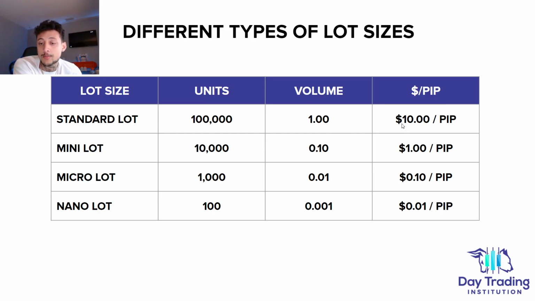If the market moves up 100 pips, I just made $10,000. There's 0.01 lots all the way up to 1,000 lots, 2,000 lots. It depends how much money you have in your account. You can do 500 lots, 600 lots, where you're risking $6,000 per pip.